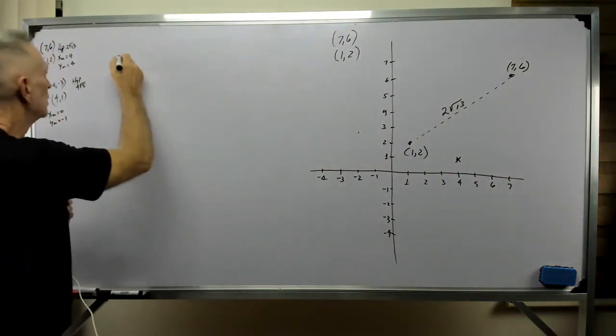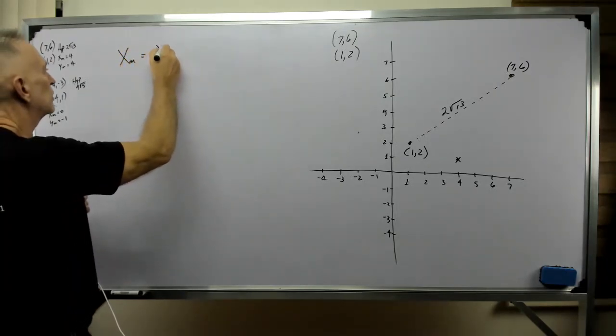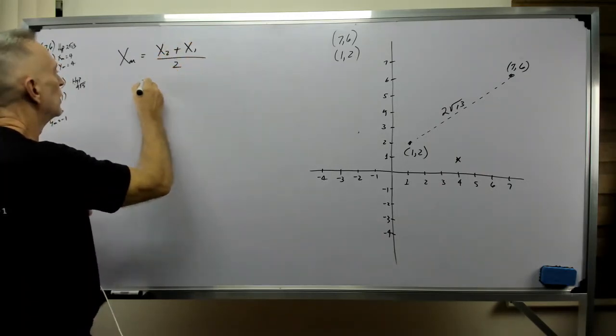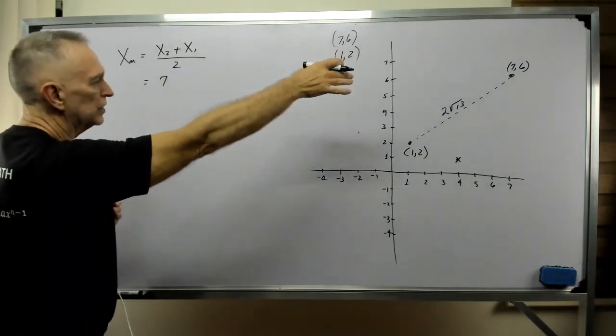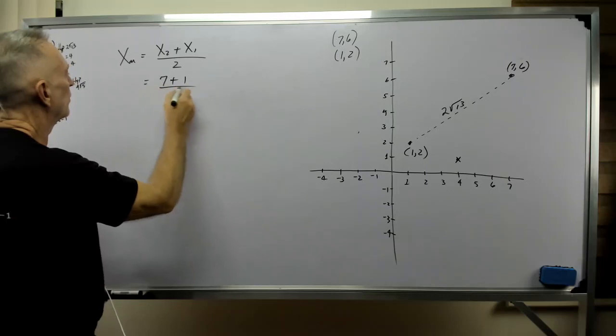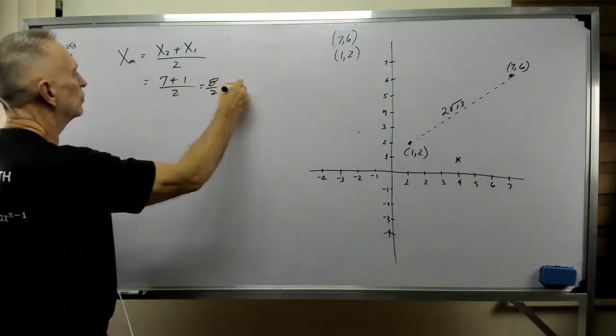So the midpoint of x is x sub 2 plus x sub 1 over 2. In our case x sub 2 was 7 plus x sub 1, which was 1, divided by 2, so that's 8 over 2, and that equals 4.